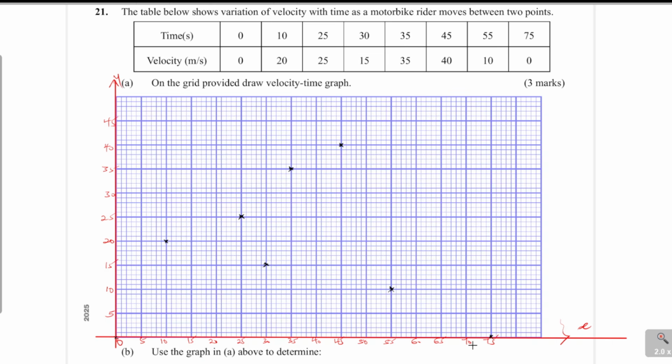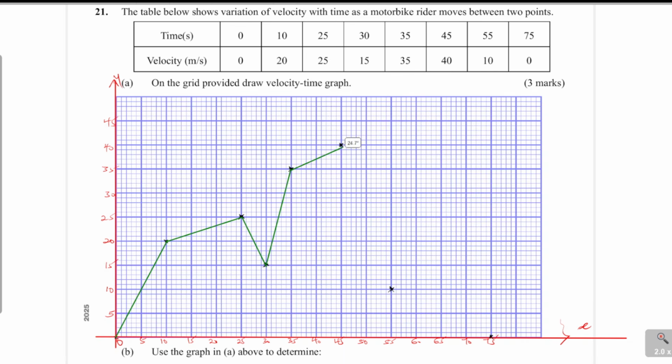So now after plotting all the points, we can join these points using straight lines. From 0, 0 to the second point, then from there we go down, then from there up to that point.